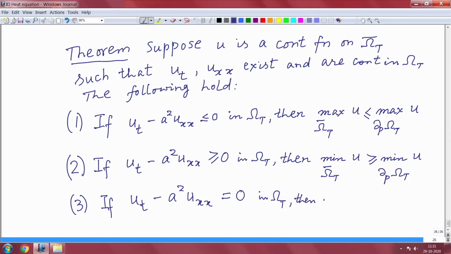So, you get the maximum of mod u in omega t bar is equal to the maximum of mod u on the parabolic boundary. I am sorry for the statement. So, this is equality.